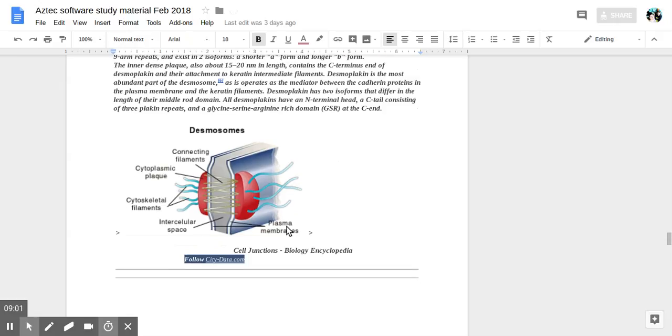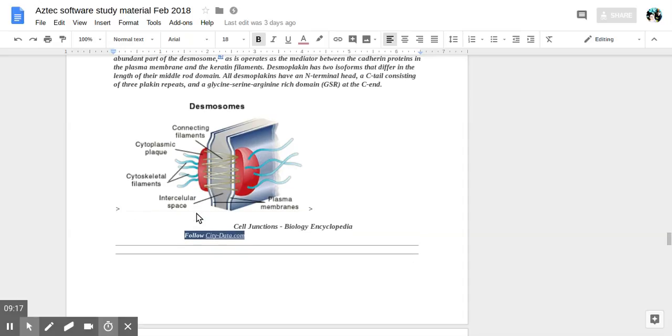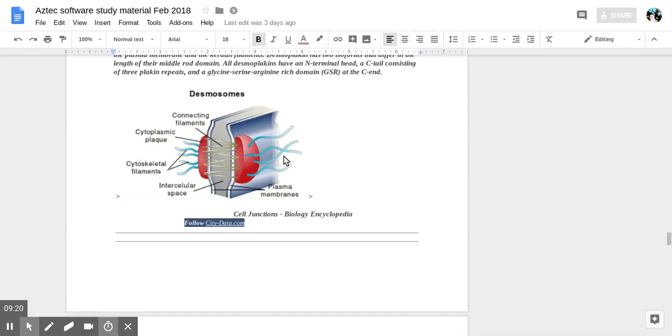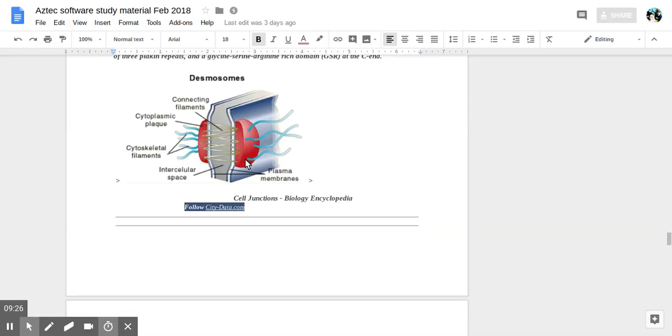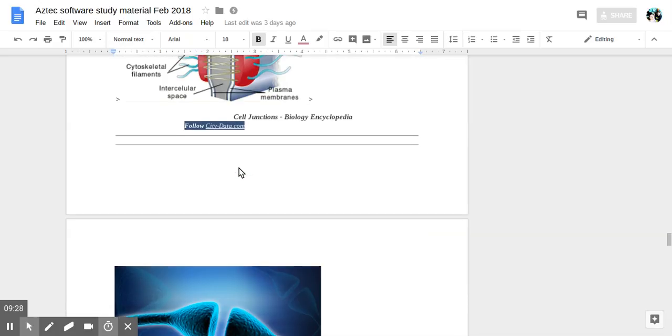A picture connecting filaments and plasma membranes of 2 cells, the cytoplasmic plaque in the interior of the cells being attached, cytoskeletal filaments on the interior of the cells, and intercellular space between attached cells' membranes.